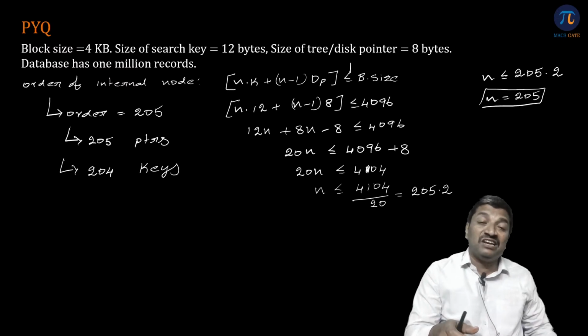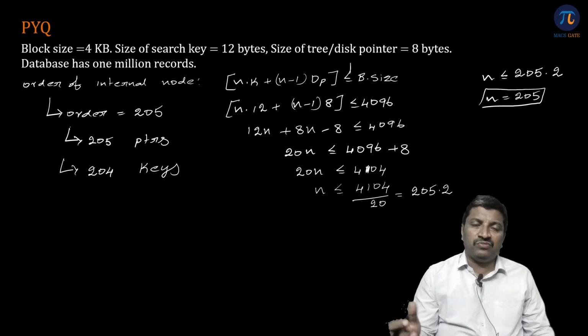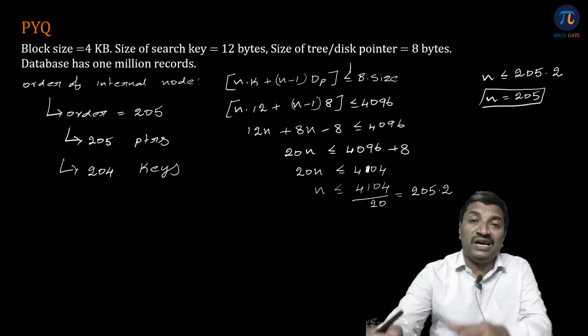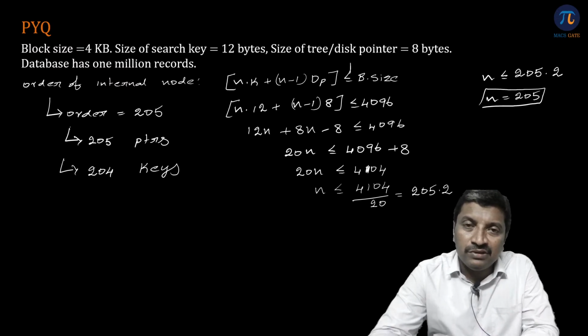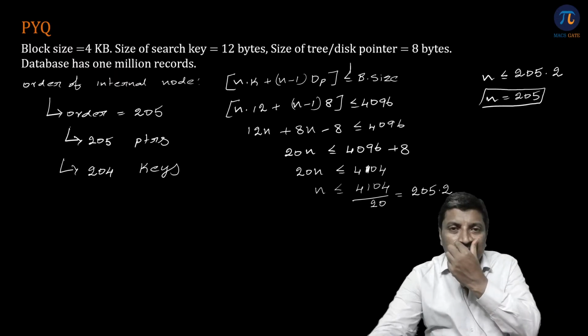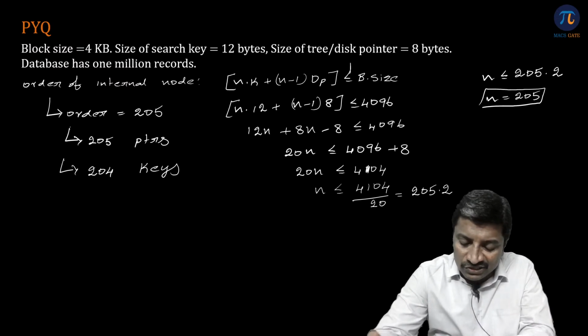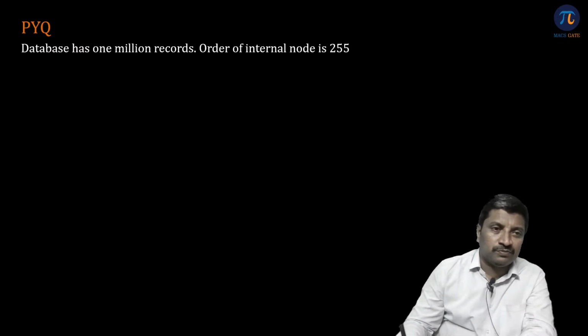But if the last level can hold only 9 lakhs, where should I write the remaining 1 lakh? So I need to form the B plus tree such that the last level can have a minimum of 1 million, that is 10 lakh records. Let us do it.